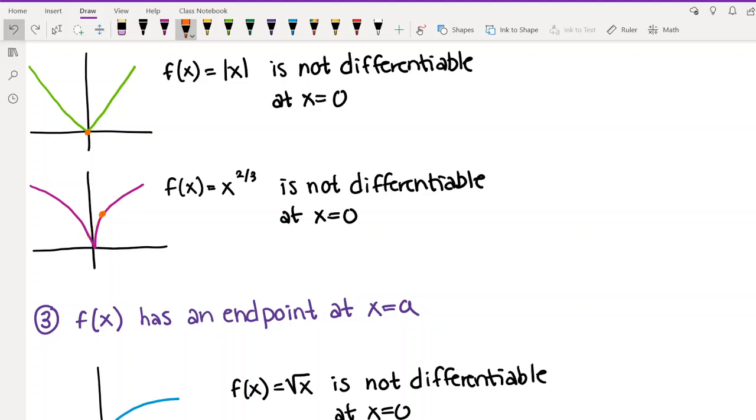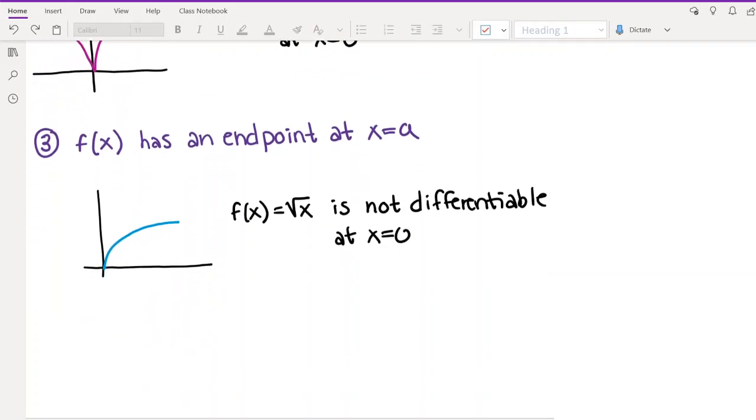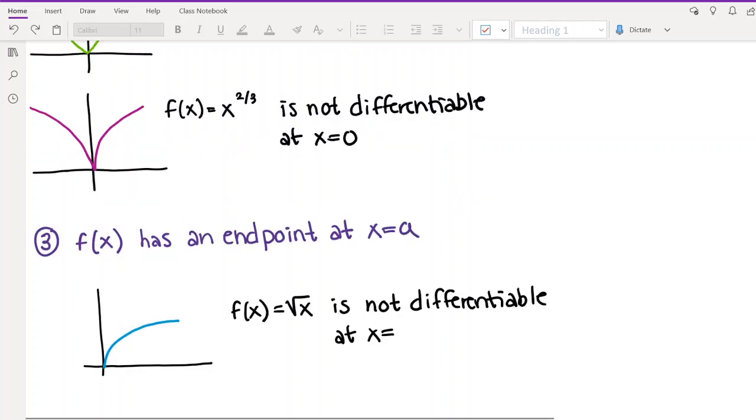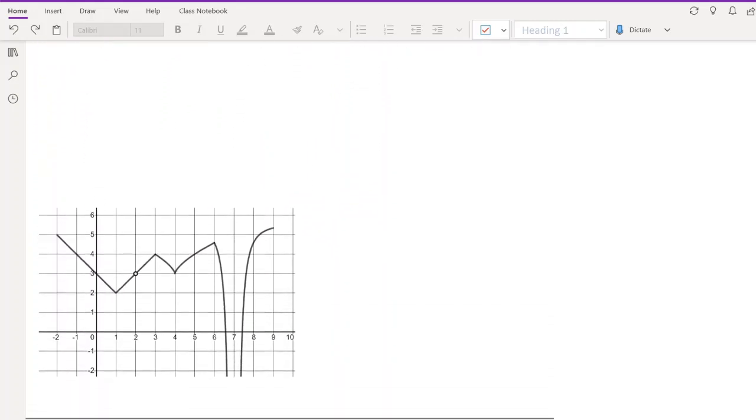If you have this sharp corner, it's unclear where exactly the tangent line should go, and so it's just undefined. There's no clear way to find the slope of that tangent line. Similarly with an endpoint, you wouldn't know where to put it, because the tangent line has to hug along the shape of the graph, and it wouldn't be clear where that would be at the very end of a graph. So that's why these circumstances are not differentiable.